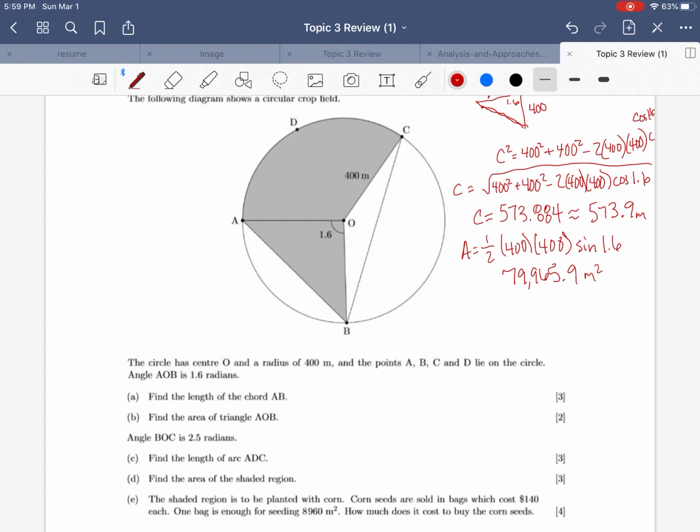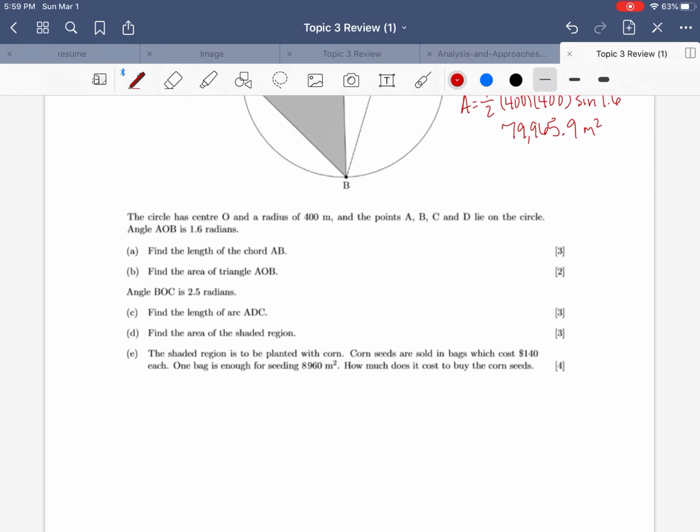And then it says find angle BOC. I'm sorry, angle BOC is 2.5 radians. So 2.5 radians. And the length of ADC. So here's ADC.